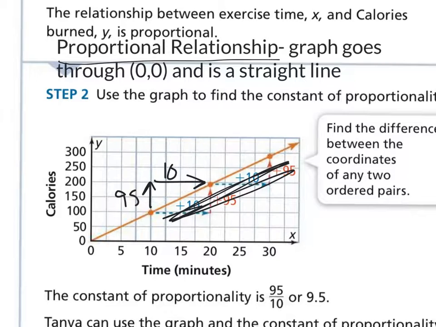Basically from any point on the graph to get to another point, I can go up 95 and over 10. Okay? And graphically, you guys might look at that and say, well, it looks like we're going over more than we're going up. Well, that has to do with the scale they chose. The y-axis, they're going by 50s, and the x-axis, if you look in between, they're actually going by 2.5.